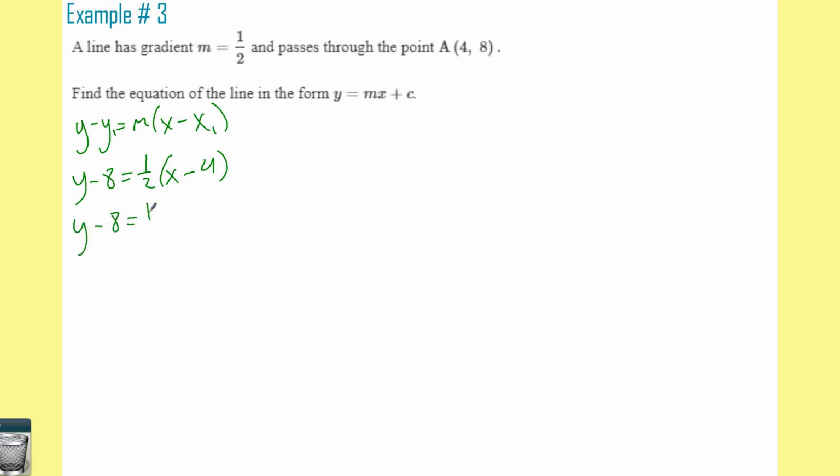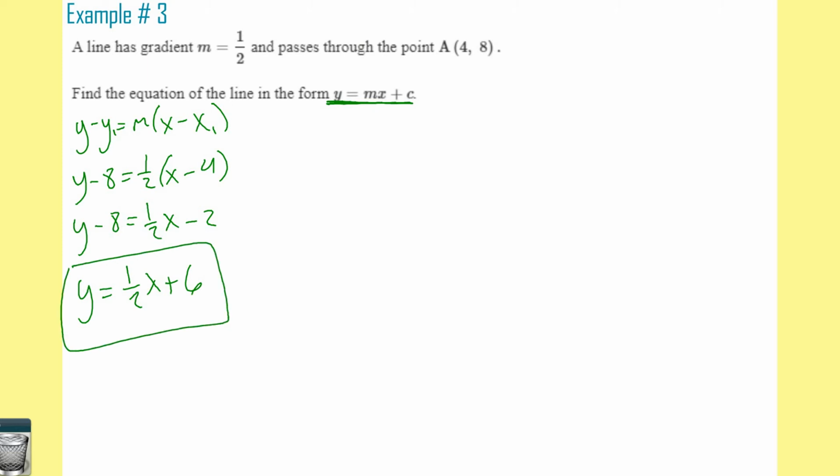So now all I need to do is put it in this form. So I'm going to get the y by itself. I'm going to distribute that 1/2 and then move the 8 over. 1/2 x, and then plus 8, so what is that, plus 6? All right, so that's the equation of the line.